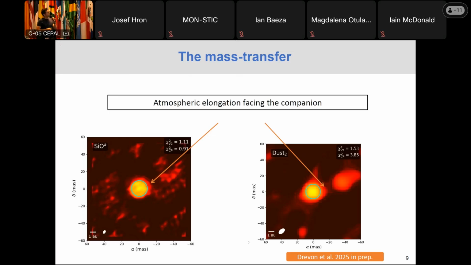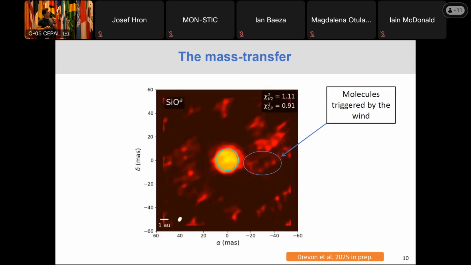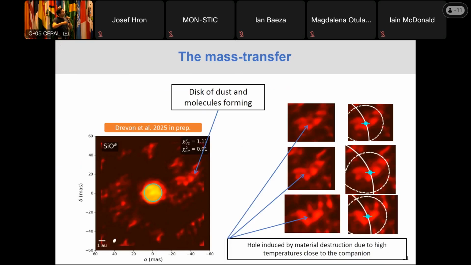Then, once you have done this, the second step is that the molecules start to be triggered by the wind that we are seeing here, and then you have a disk of dust and molecules that starts to form around the binary. And if you zoom in a bit, which is under the resolution element that we have, that's why we don't resolve it much, if you zoom inside this disk, at the expected position of the binary, you see a hole.